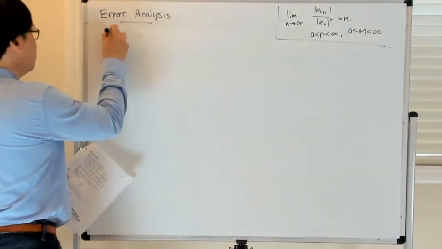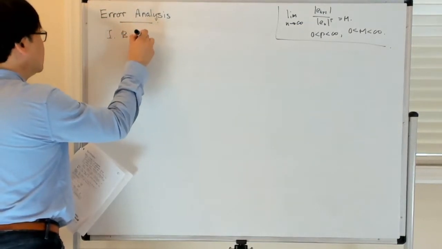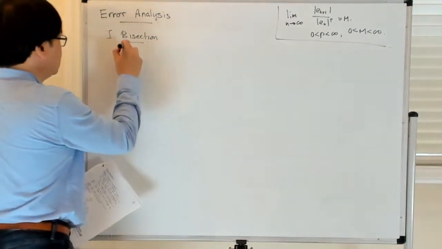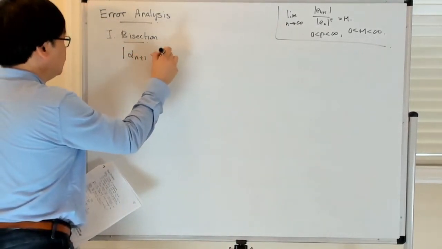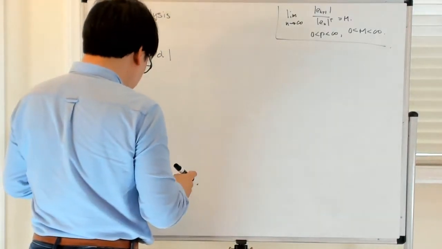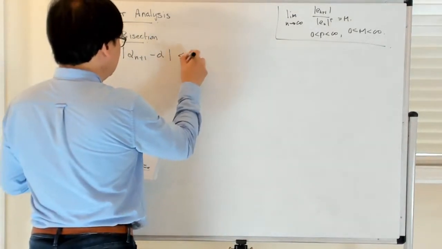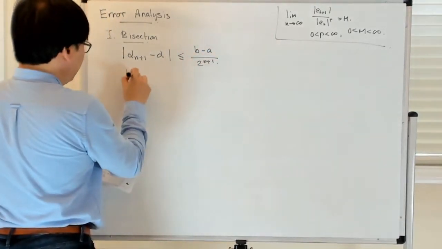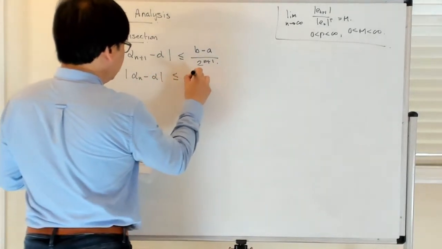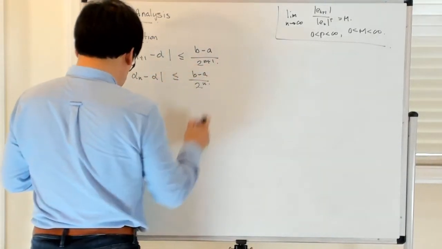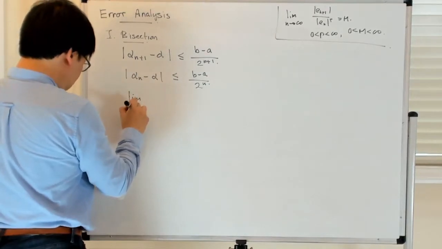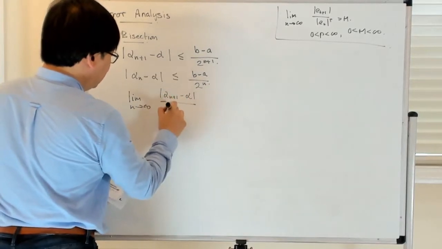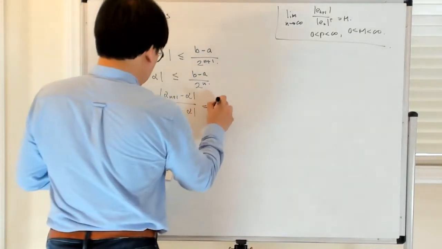All right, so the first thing is bisection. Okay, so alpha n plus 1 minus alpha is less than or equal to b minus a over 2 to the n plus 1. And alpha n minus alpha is less than or equal to b minus a over 2 to the n. So the limit as n tends to infinity of alpha n plus 1 minus alpha over alpha n minus alpha is 1/2.